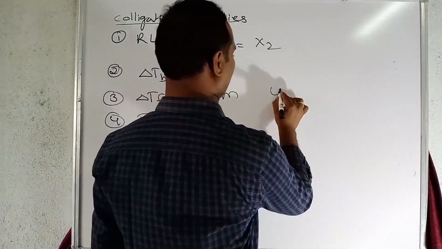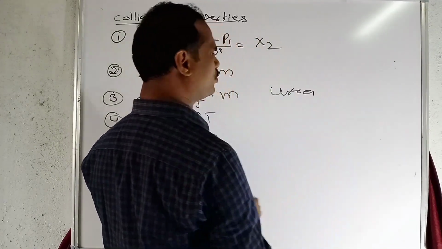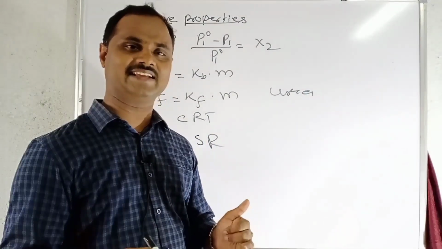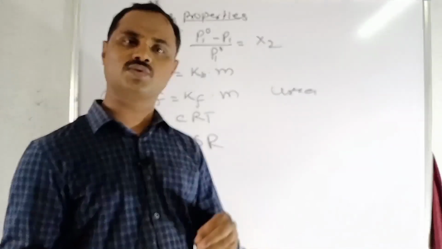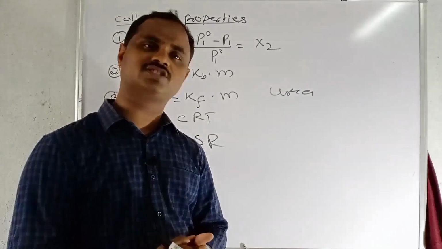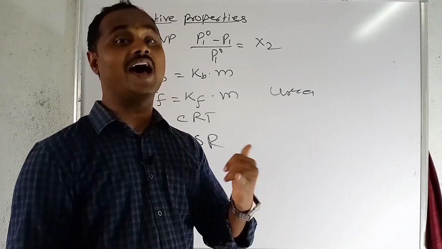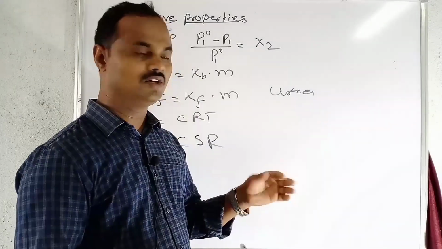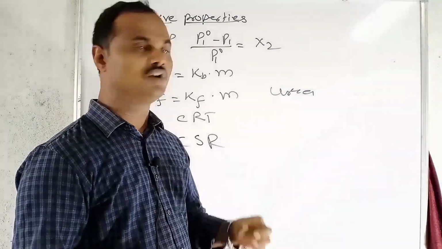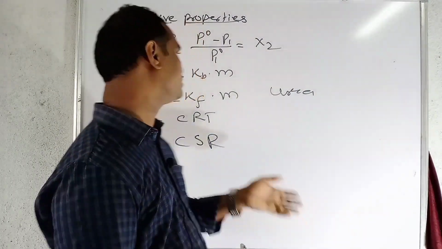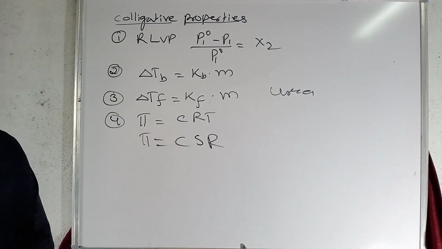Suppose urea is dissolved in water, its molecule number does not increase or decrease. Glucose, sucrose, there is no association, no dissociation. These are non-volatile, non-electrolyte solutes. For this type of molecule, with no association or dissociation, we can directly use these formulas.